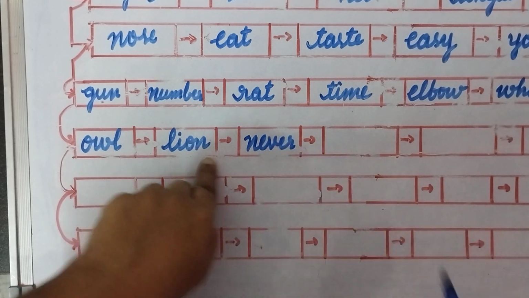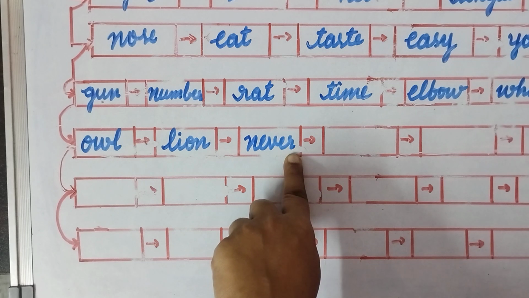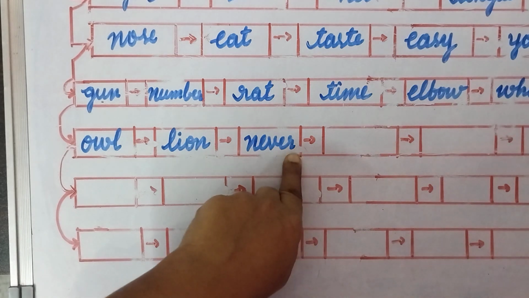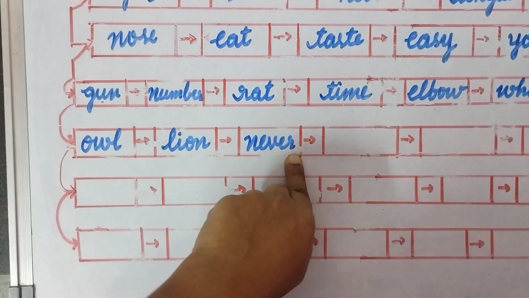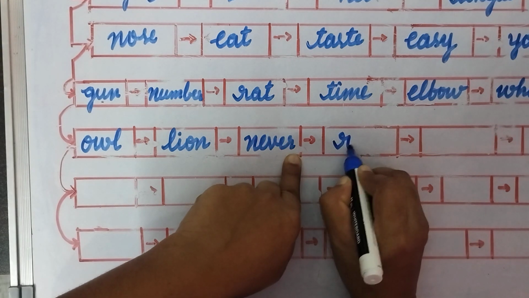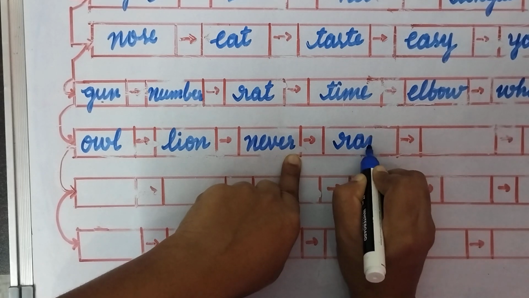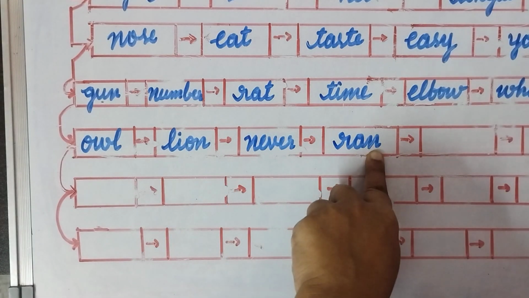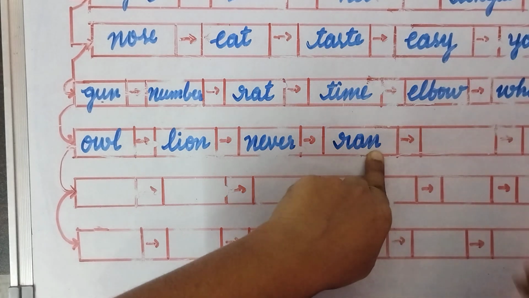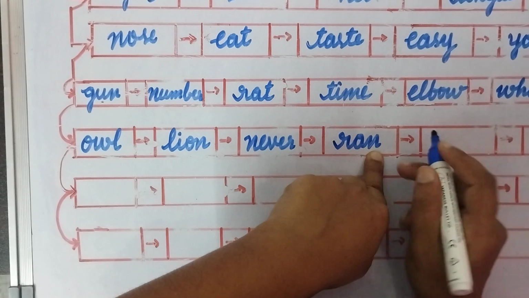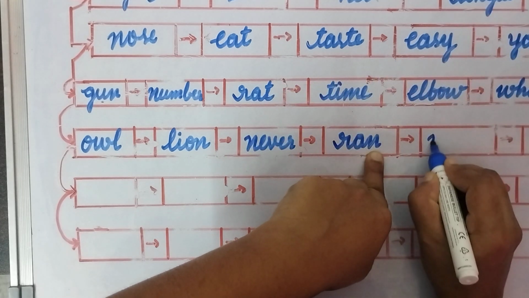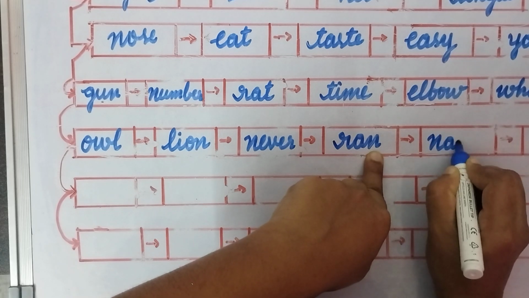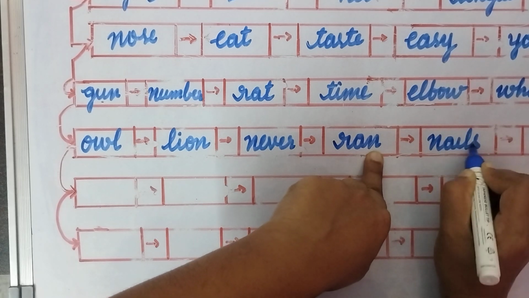N-E-V-E-R, never. Again R. We already wrote rose, so R for ran, R-A-N, ran. Next N. We already wrote nose and net, so N for nails, N-A-I-L-S, nails.